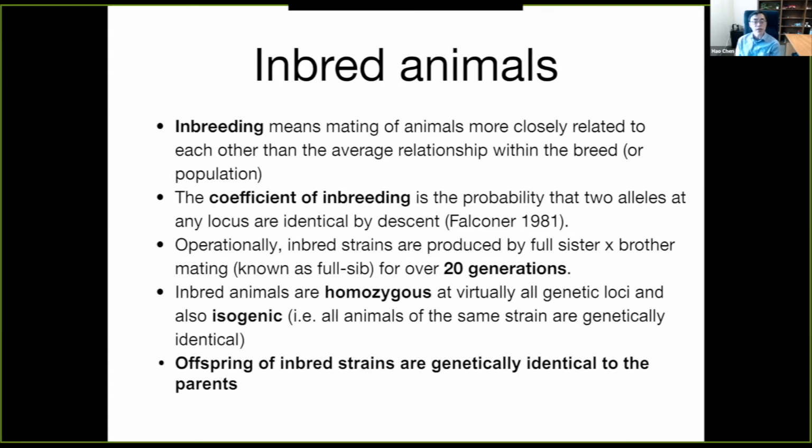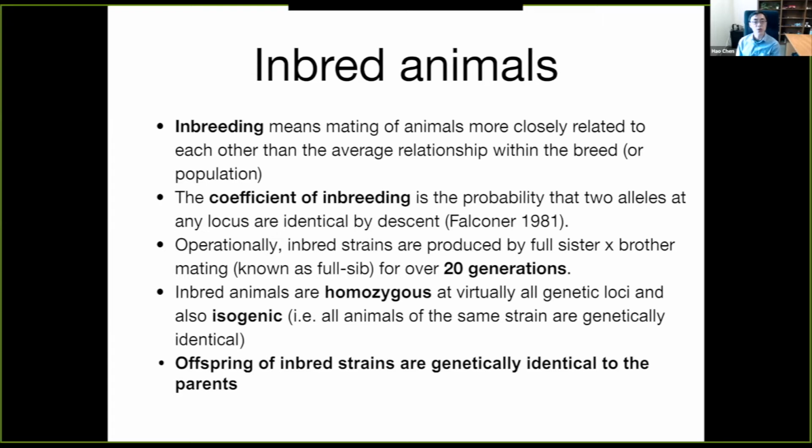I think all of us know what inbred animals are, but just to get us on the same background. Inbreeding means mating of animals more closely related to each other than the average relationship within the breed, which is the opposite of outbreeding.